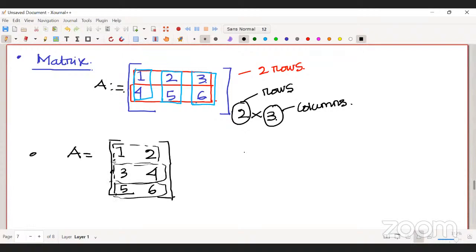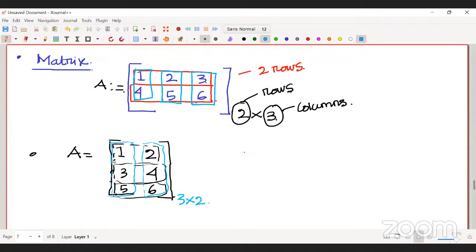Similarly, I have 2 columns. This is my first column, and this is my second column. So this matrix is of order 3 cross 2 because it has 3 rows and 2 columns.